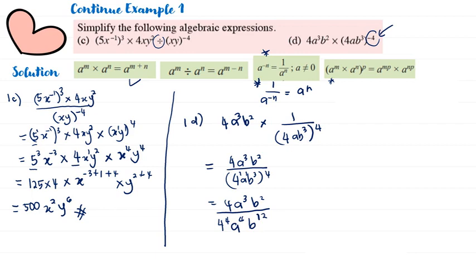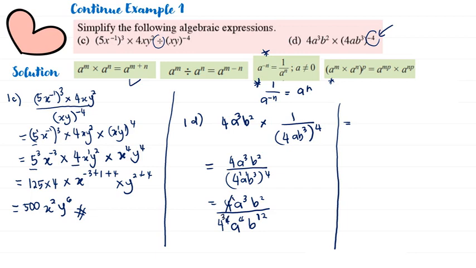So this is not the final answer. So you should solve this one. This is an operation division, right? So you can subtract, or you just cancel out, but it is easier if you just cancel out. 4 power of 1, so you cancel 1, it becomes 3.